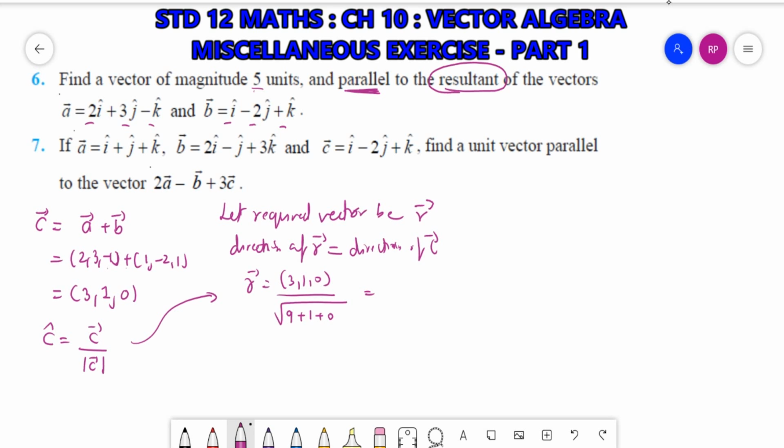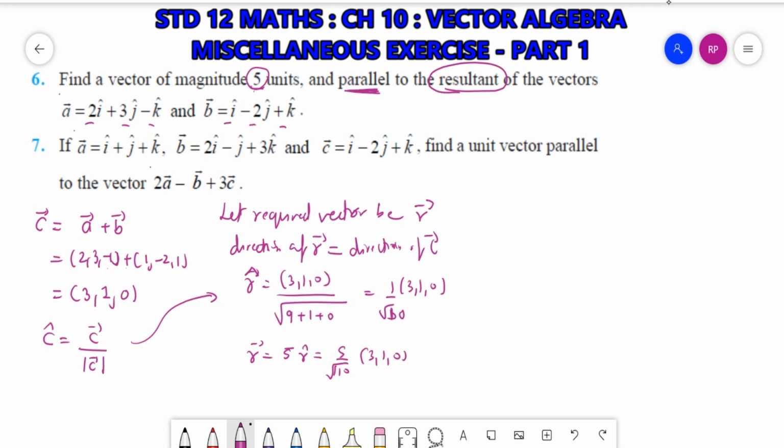So this will be 3, 1, 0 by root 10. So this is the unit vector, means direction. Now the magnitude is 5 units. So the vector R will be 5 times the unit vector. So this is 5 by root 10, 3, 1, 0.